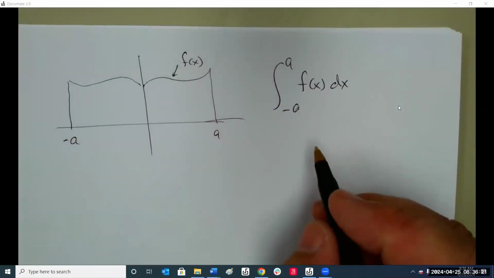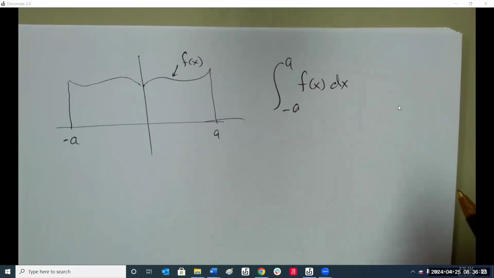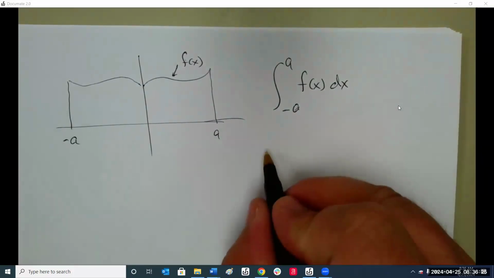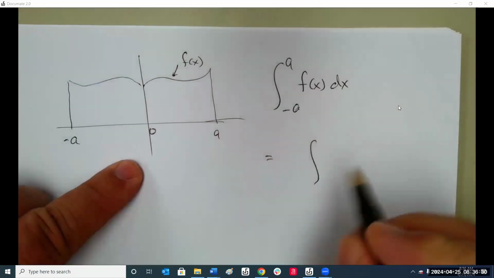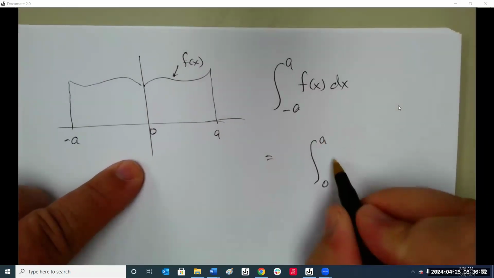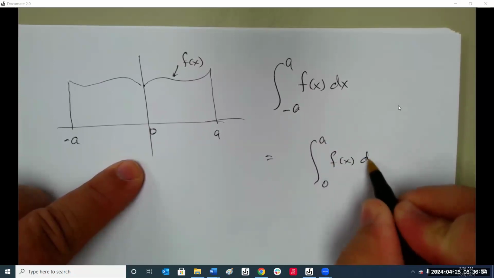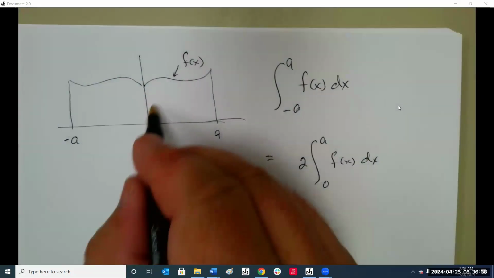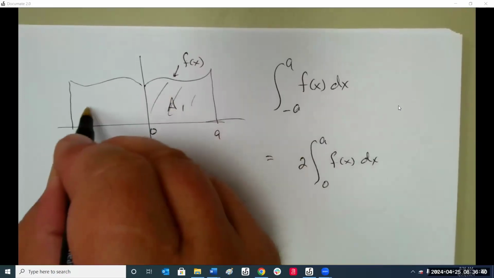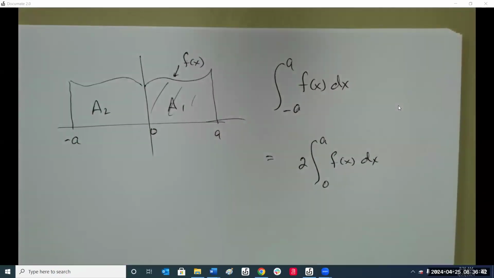From negative a to a, I could do it another way. Since I know they're symmetrical, what I can do is take it from 0 to a and double it, because these are both going to be the same, A1, A2. That's why I double it. Because it's symmetric about the y-axis, they're equal on both sides.